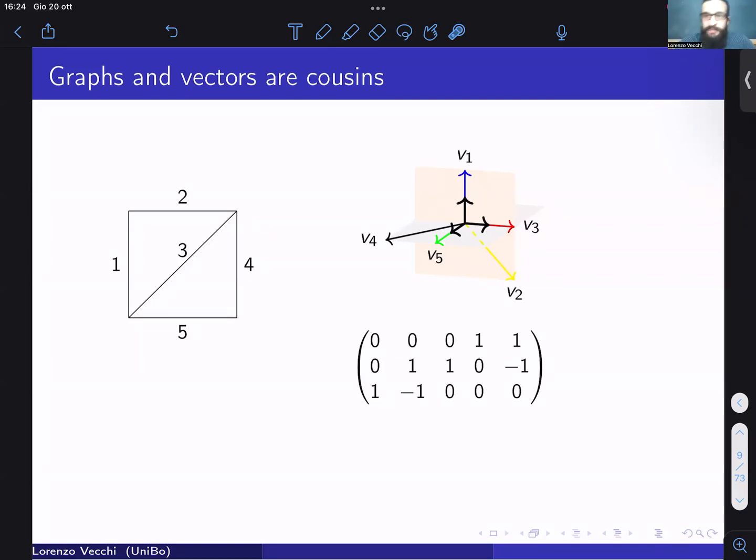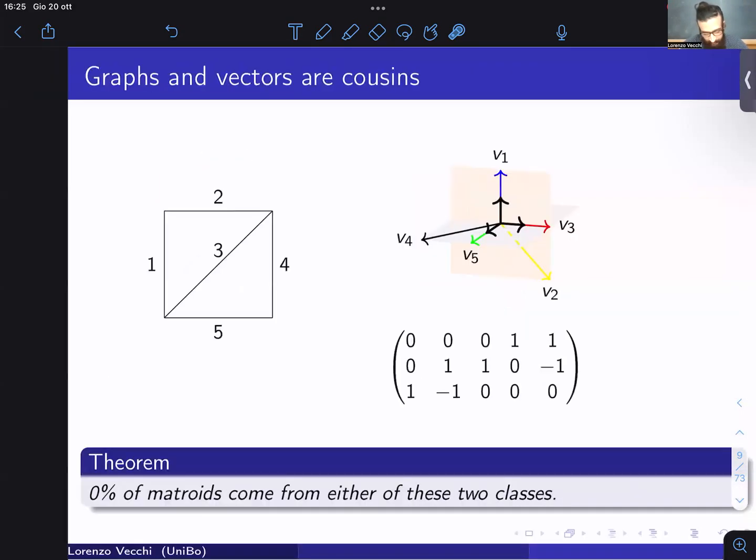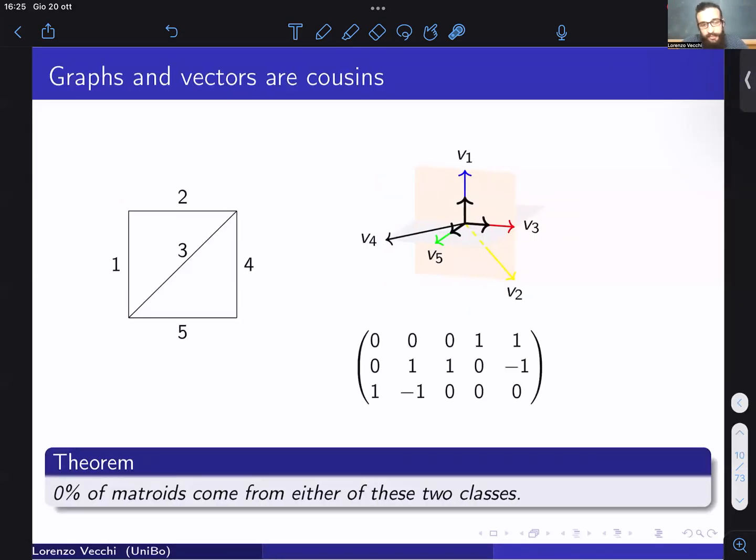And at this point, if you've never encountered matroids in your life, you might think, okay, you gave me vectors and you gave me graphs. Is it still really necessary to talk about this stuff in terms of matroid theory? So whenever I give a talk on matroids, I always like to include the next theorem by Nelson that states that 0% of matroids come from either of these 2 classes.